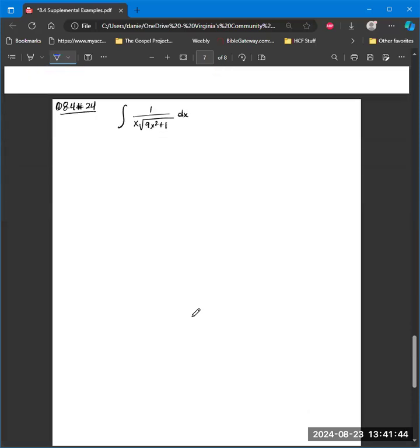All right, this last one, I think this is the last one, is going to be using the substitution that u is equal to 3x here, and du is equal to 3 dx. And when I do that, I'm going to get x is equal to u over 3.